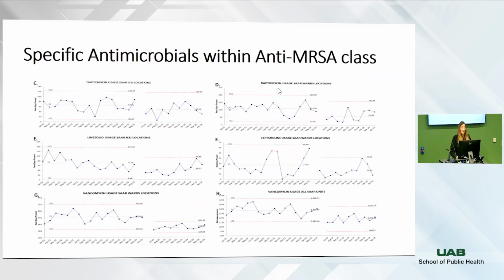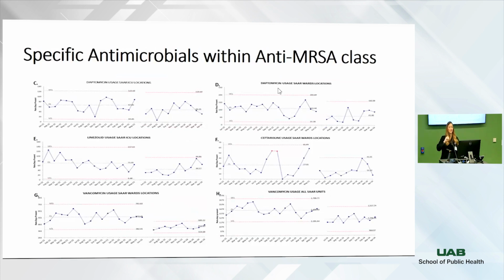Then we narrowed it down even more and said, okay, anti-MRSA, this includes daptomycin, linezolid, vancomycin, ceftaroline, a lot of different antimicrobials. And some of these antimicrobials were hit a lot harder with our cascade than others. So where are we seeing an impact? Where was this most impactful? What we saw consistently, at least across the wards and across some ICUs, was that all 4 drugs had been significantly impacted and significantly reduced.